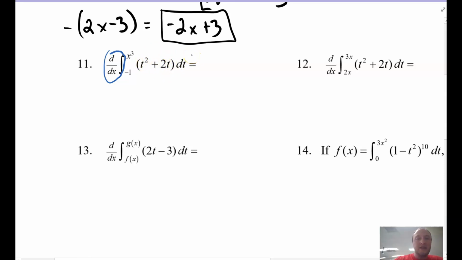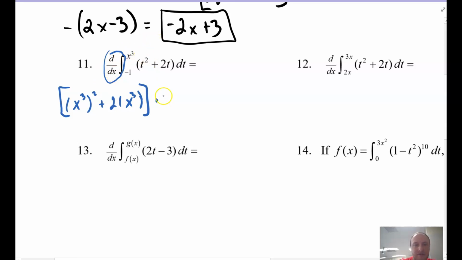Okay, and again, we have to evaluate at our bounds. So we have x cubed quantity squared plus 2 times x cubed. Actually, yeah, no, that's right. X cubed. Okay, and I have to go ahead and multiply now by the derivative of the inside.